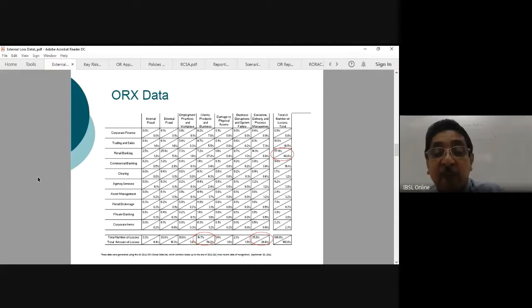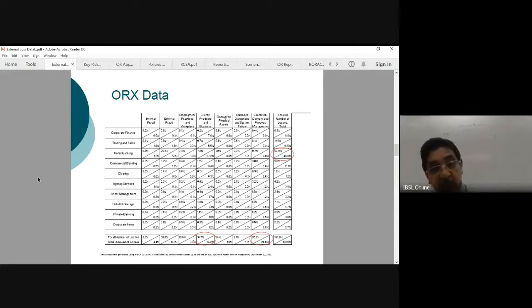Now, these are the places in which you can observe higher exposure of operational risk. That is the conclusion you can come to with this ORX data. You can take your own time and just look at it and see what is the real meaning of it.